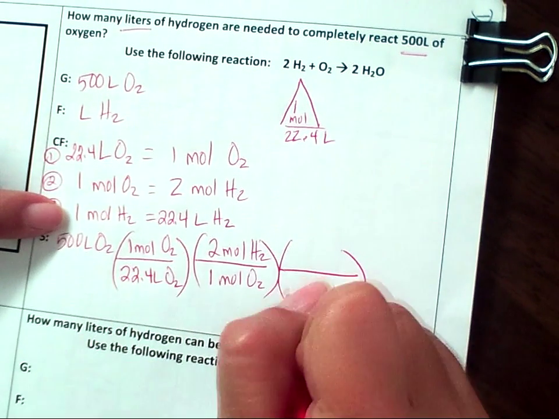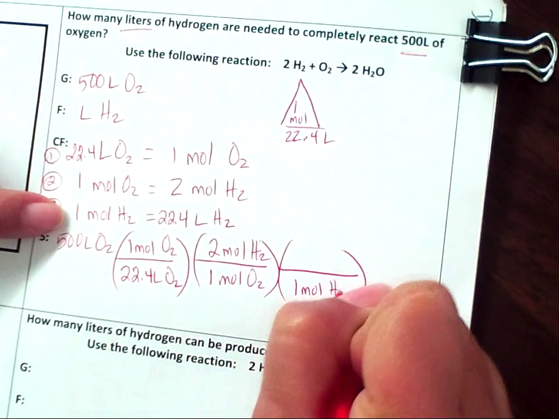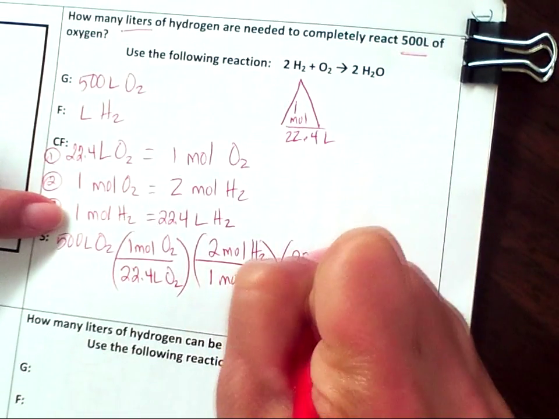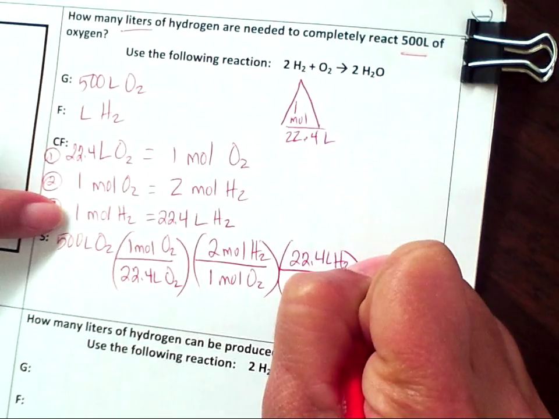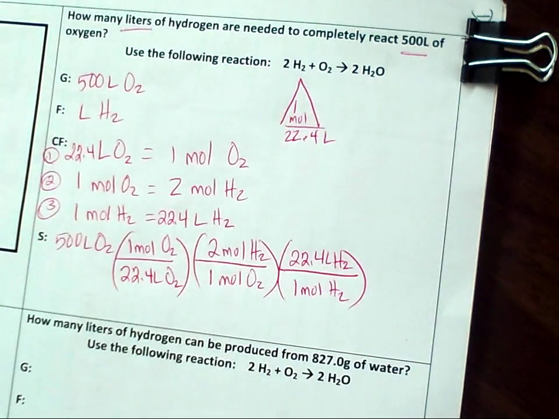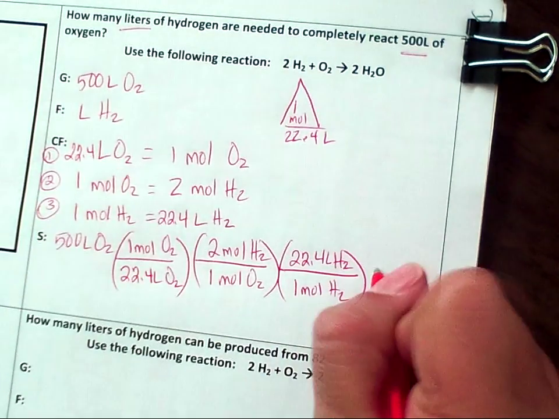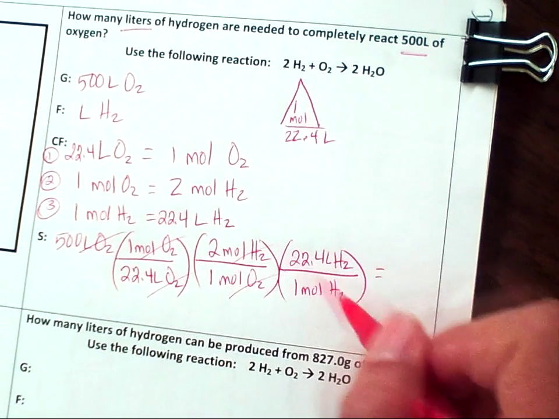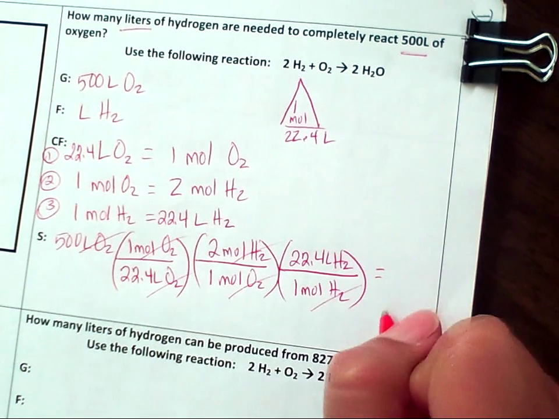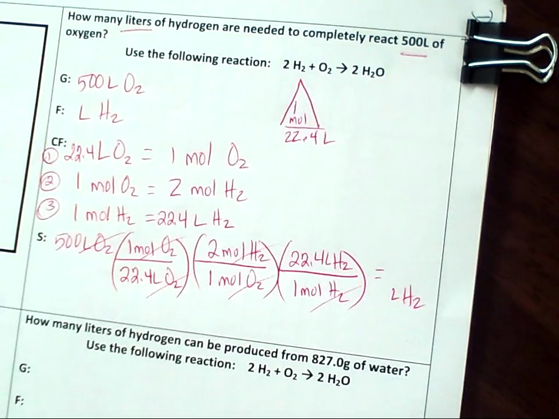Then 1 mole of H2 on the bottom, 22.4 liters from the third conversion factor for the third parentheses. These all cancel out, and you'll end up with liters of H2.